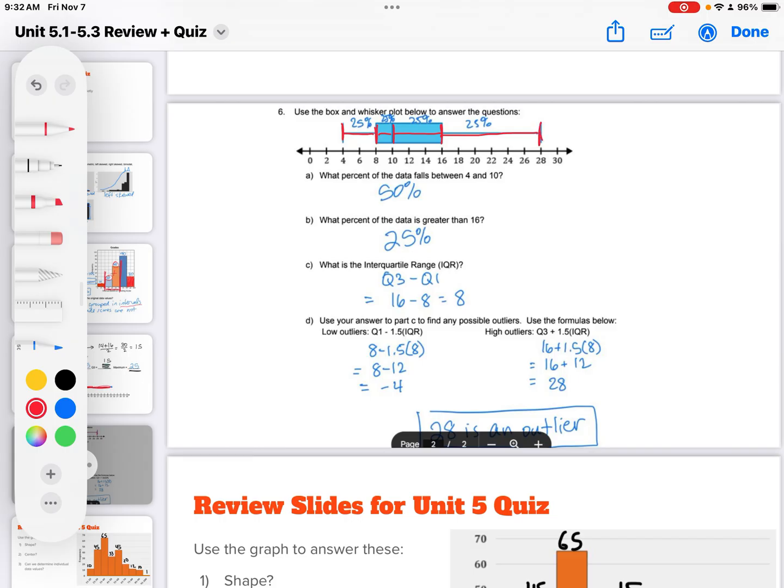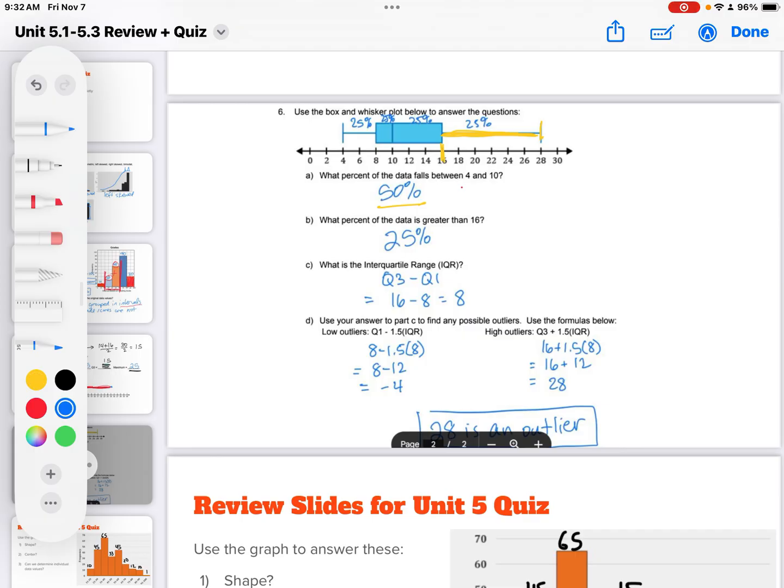All right, so if I want to know what percentage of data falls between 4 and 10, well, that is going to be from here to here. So that's this group and this group, so that's 50%. Okay. If I look at the next one, is greater than 16. So here's my 16. So we're looking at this section of the data. This is just 25% of the data.